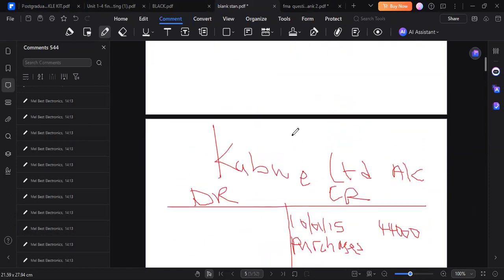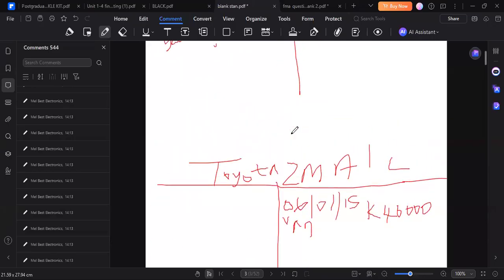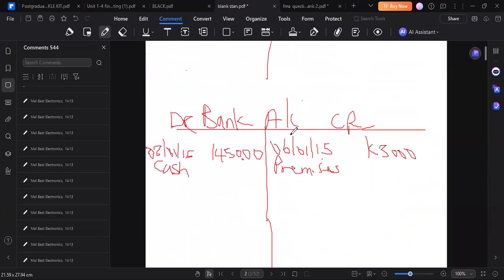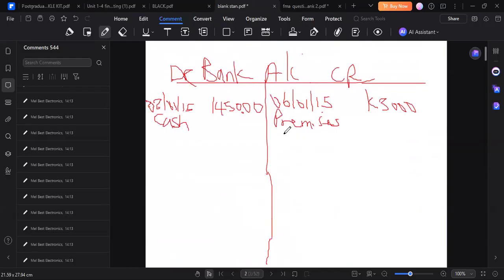Then you go to the bank account. The bank account you credit. So 10/01/15.